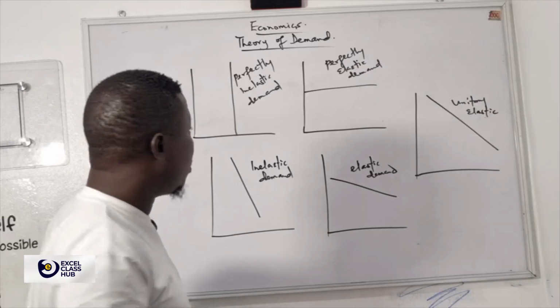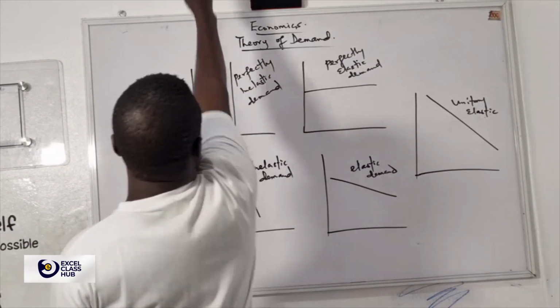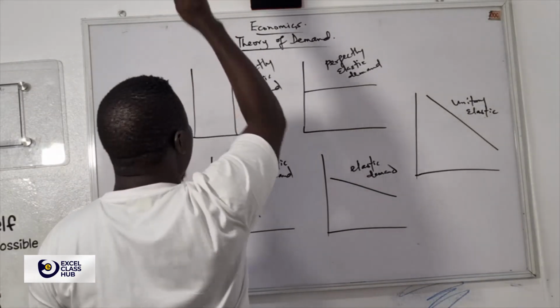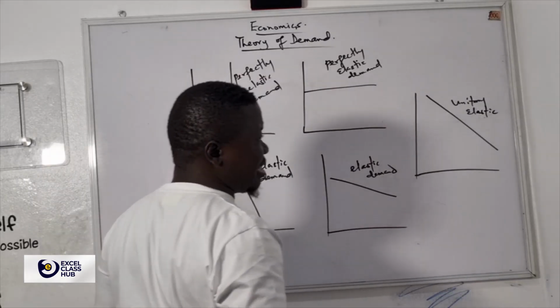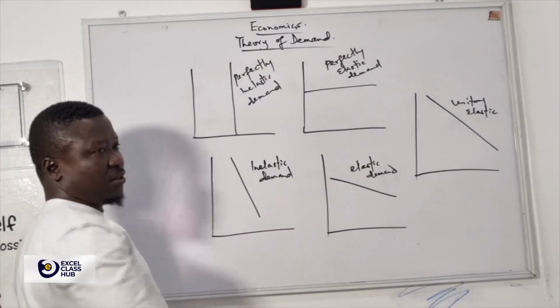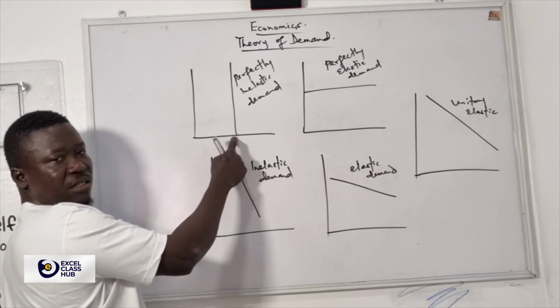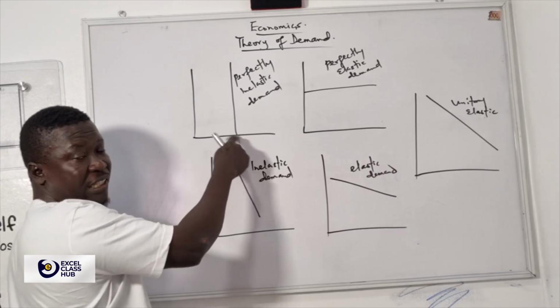That one standing straight like this is called the perfectly inelastic. At this point, price is fixed, quantity is fixed.